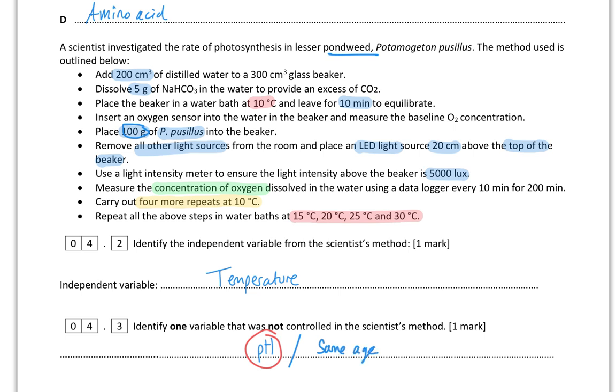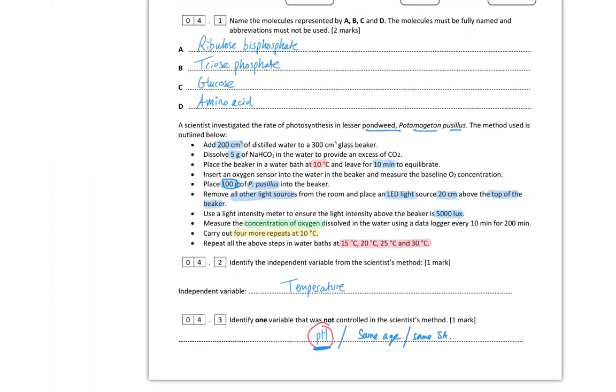I can't put same species because it's given me its genus and species name, but I can say same age, same surface area, anything like that. Something about the living thing. So if an experiment is in solution, you can always control pH. I say always, not sometimes. Often it's the dependent variable anyway when they're measuring pH in a lipase experiment where it's making fatty acids.